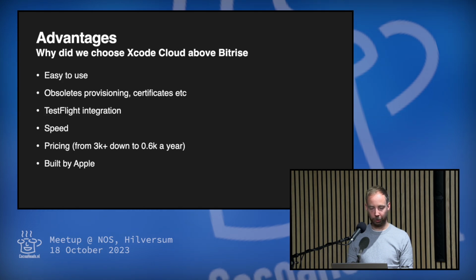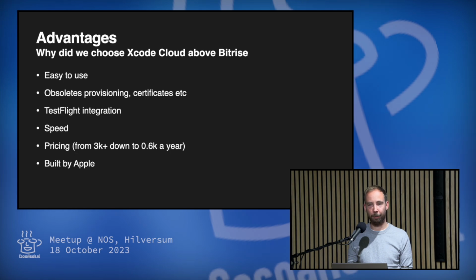So why did we choose Xcode Cloud? Well, it's very easy to use because basically when Xcode Cloud came out, it obsoleted everything with certificates and provisioning profiles and stuff. That was the first reason. Then it had first-party TestFlight integration, so that was a big plus as well. Then we found that the speed was faster than Bitrise.